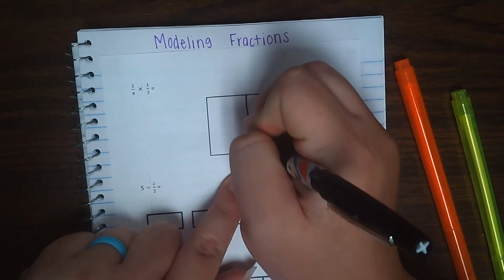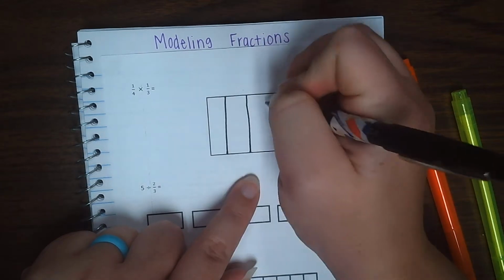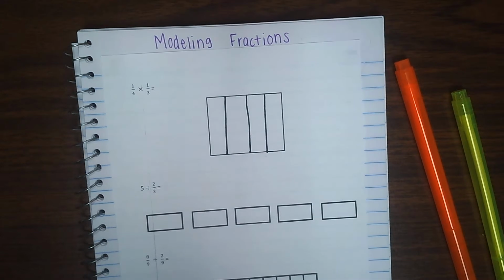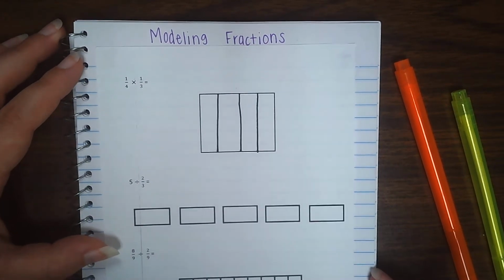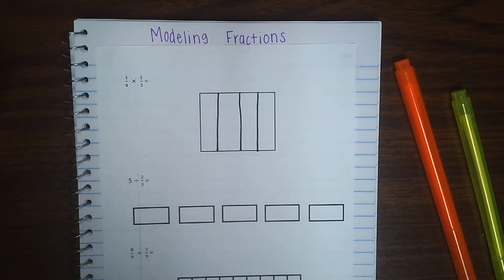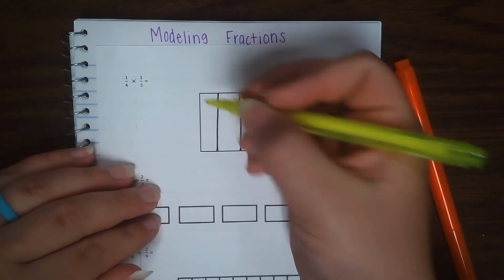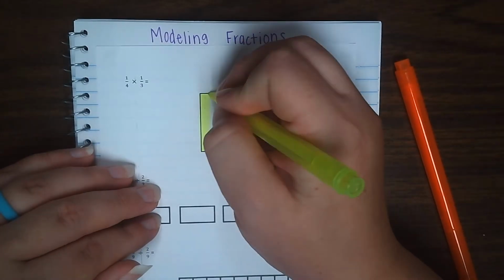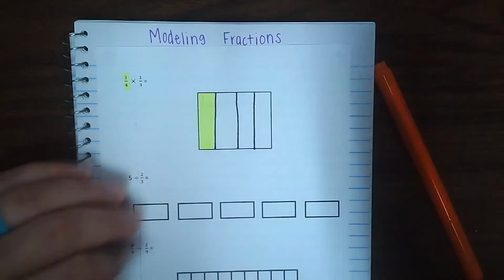So if I go straight down the middle, and on both sides, now I know mine's not perfect, my lines aren't perfectly straight, and that's okay, but 1/4 is going to be represented by this first box, this first rectangle. That is 1/4.